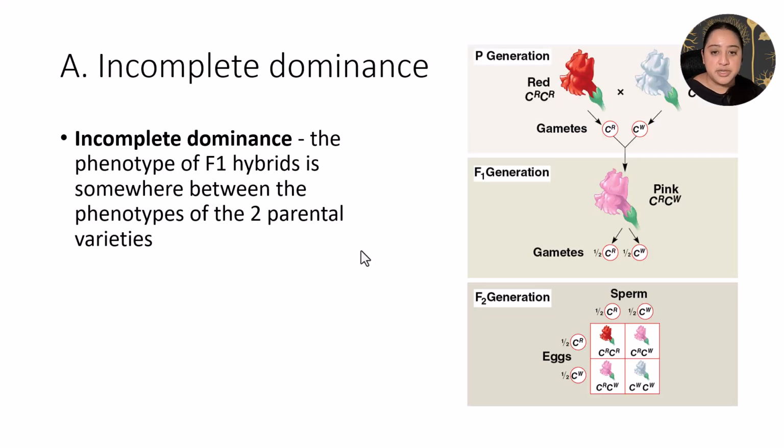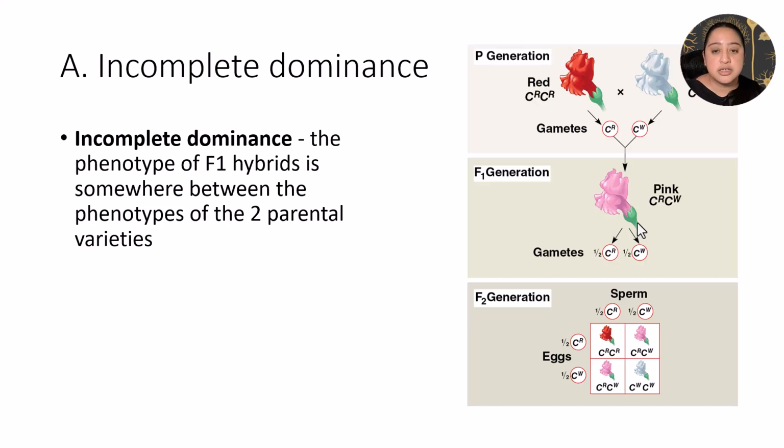To show you an example, in incomplete dominance the phenotype of the hybrid is somewhere between the phenotypes of the two parents. If you were to cross a red flower, this looks like a carnation, with a white flower, and it ended up having a pink flower, that's different. That's not complete dominance.